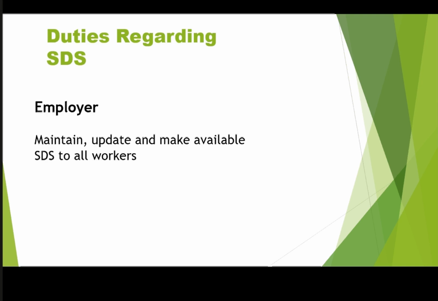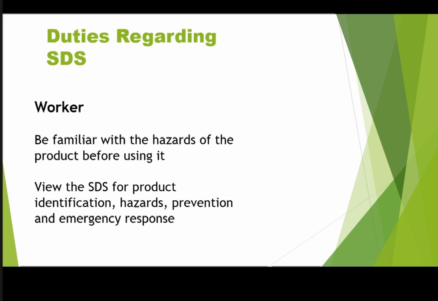The employer has a responsibility to maintain and update and make available safety data sheets to all workers. If the information changes for a hazardous material, the employer has a responsibility to update the safety data sheet with the new information.